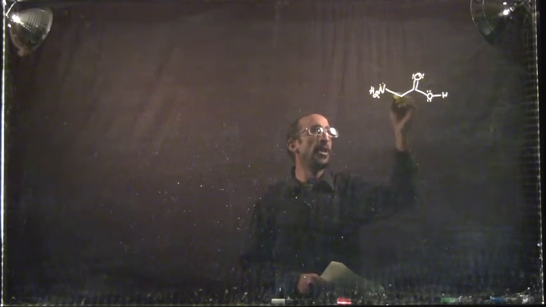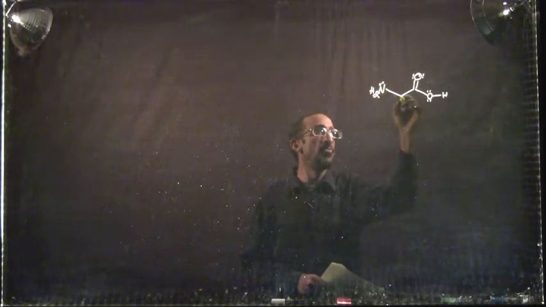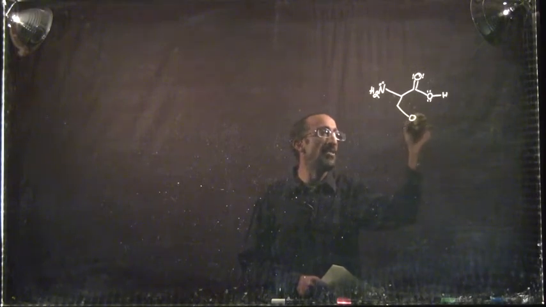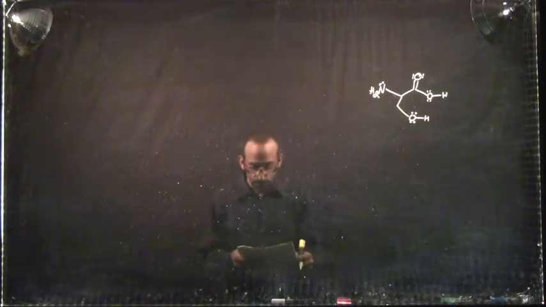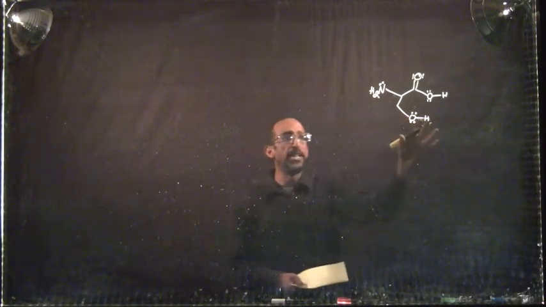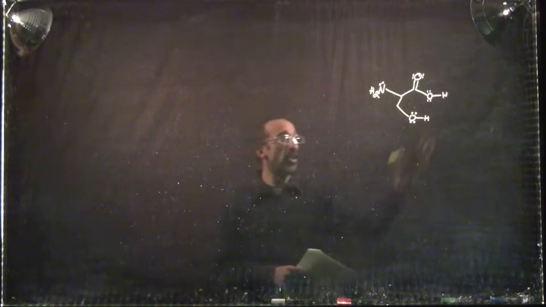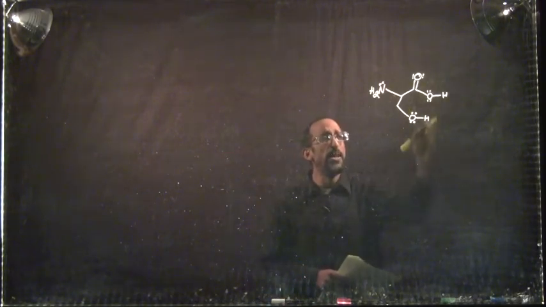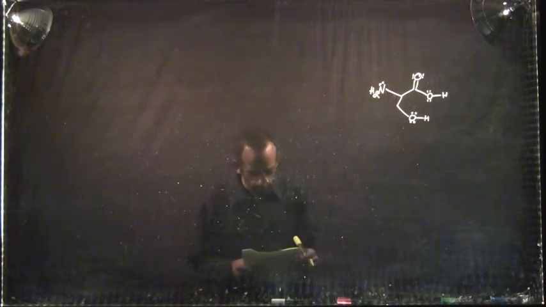and now here we want to draw full Lewis structures so that we can really see which sites are potentially Bronsted-Lowry acids and which sites are Bronsted-Lowry bases. We'll see that we have three functional groups here that can serve as acids or bases: a carboxylic acid functional group, an alcohol functional group, and an amine functional group.